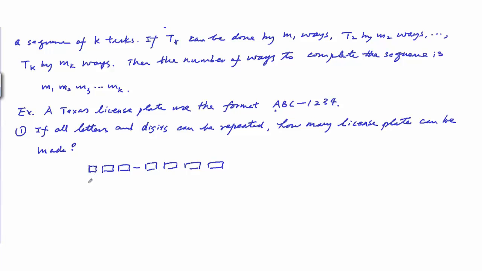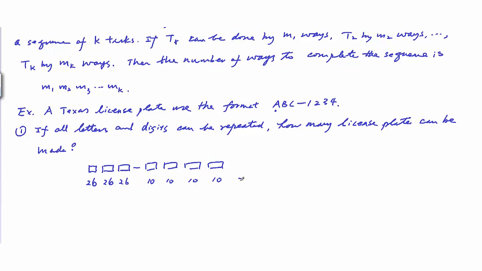We know there are 26 letters, so there are 26 ways. Similarly, this one has 26 letters to put in the spot, and this one is 26. Then for this one, you have 10 digits, so you have 10 ways to put in the spot. And then you have 10 ways to complete this one, and 10 ways to complete this one, and 10 ways to complete this one.